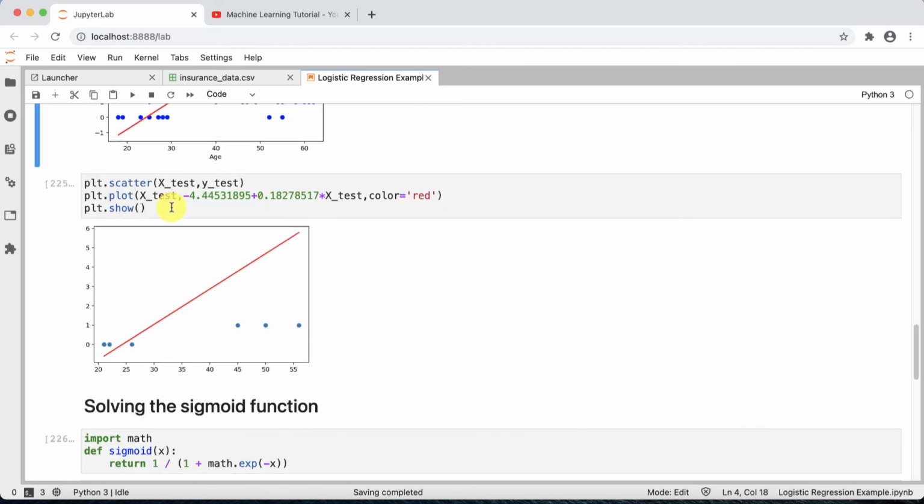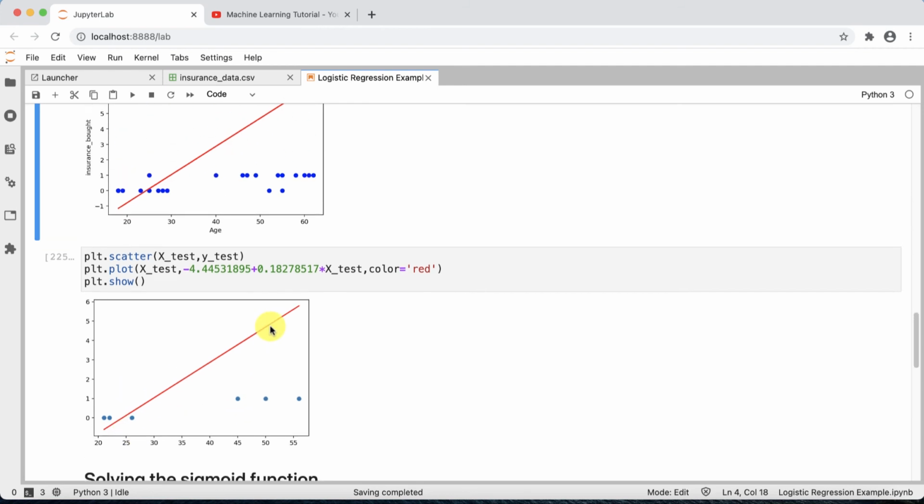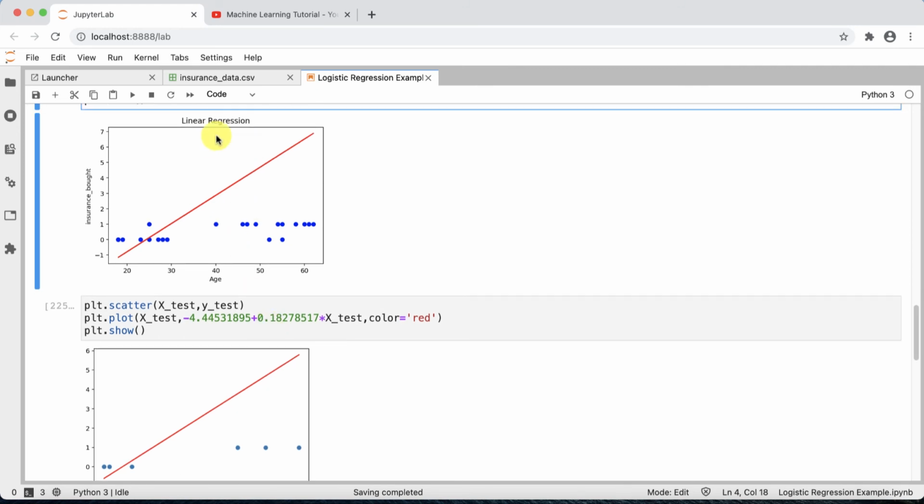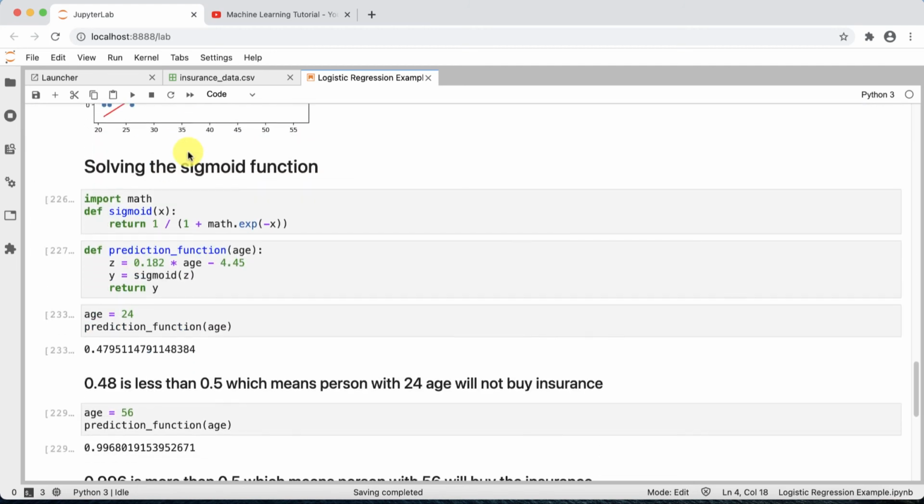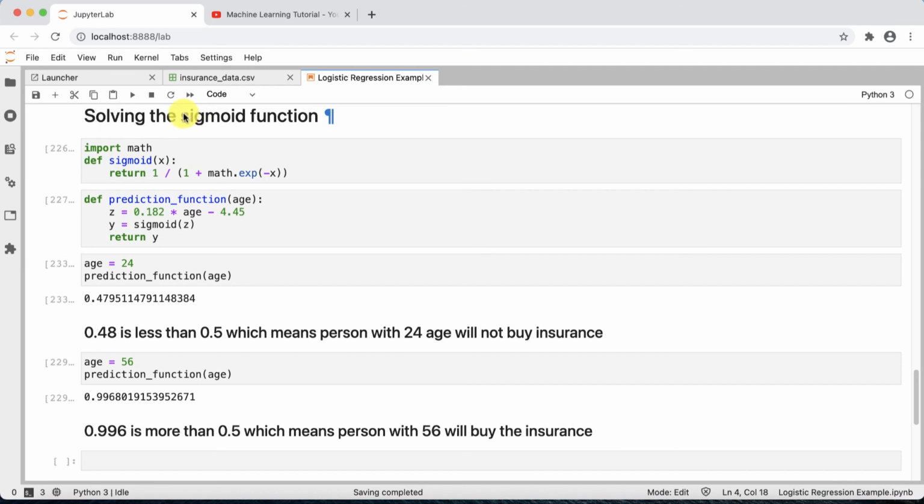In the same way, if I check for the testing purpose, then also you can see over here that it shows the persons over 25 age have bought the insurance, right? So this way you can graph it; I have just drawn the line for your understanding, guys, right? But if you want to calculate with the use of the sigmoid function, in my previous theory video we have seen the sigmoid function is 1 divided by 1 plus e raised to minus x, right?